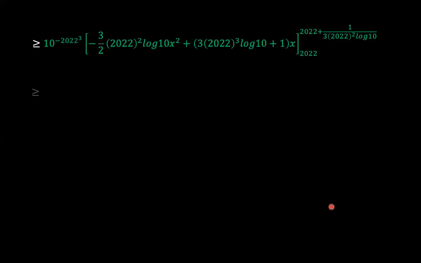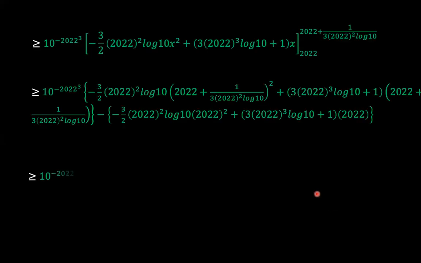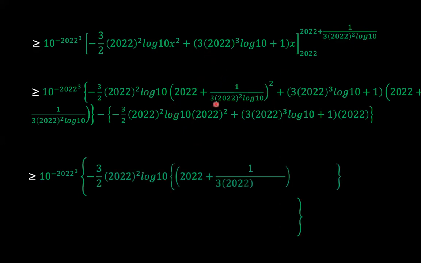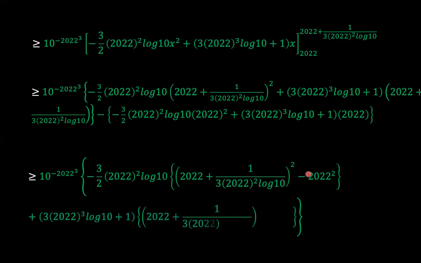And so substituting in the upper and the lower limit means that we have the upper limit substituted in place of x minus the lower limit substituted in place of x, right? So as we can see, we have the difference of squares here. And down here, we just have this value since it's linear. So this 2022 can cancel out with the 2022 here.